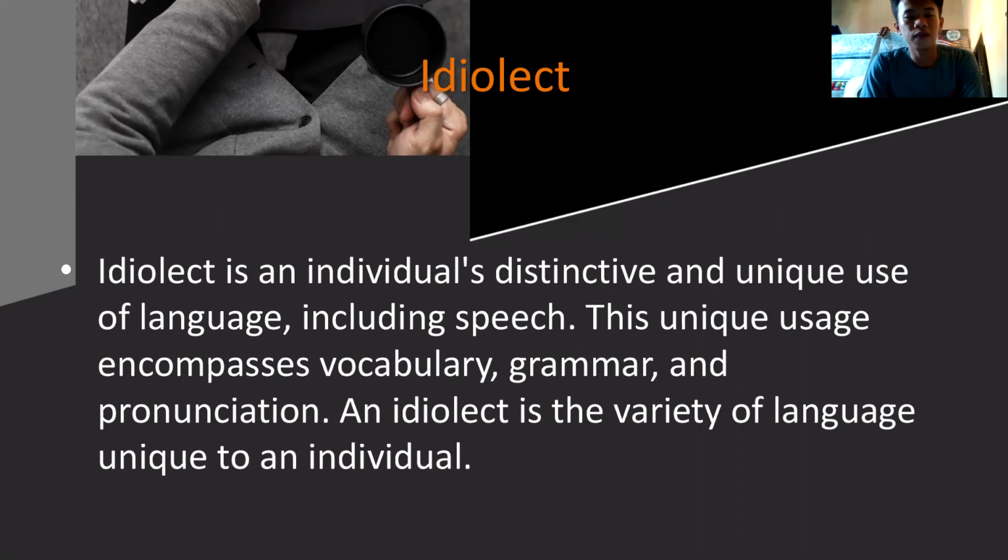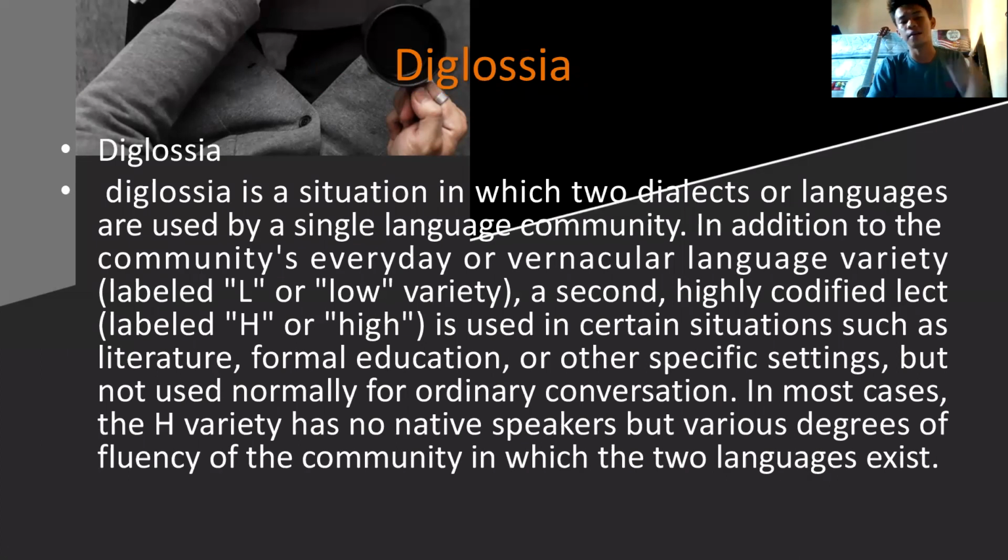Idiolect is an individual, distinctive, and unique use of language, including speech. This unique usage encompasses vocabulary, grammar, and pronunciation. An idiolect is the variety of language unique to an individual.